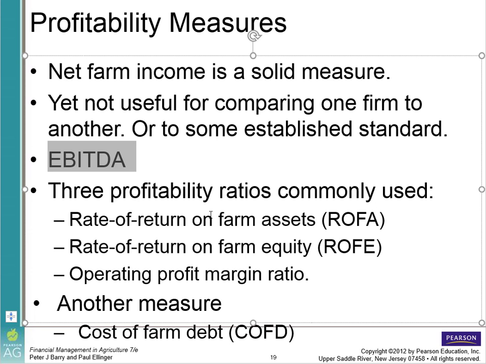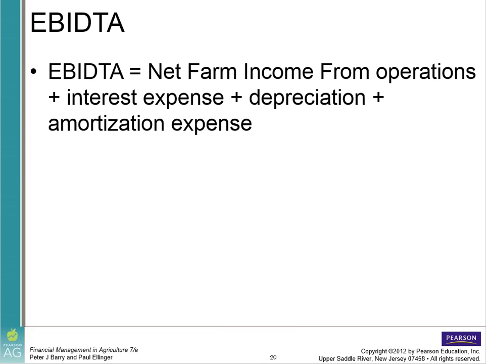Okay, so how do we then calculate this EBITDA? So it's simply the net farm income from operations, something that we sort of worked on in the previous chapter, plus the interest expense, plus depreciation, and then of course the amortization expense that I just mentioned. Okay, so the interest expense is nothing but if you have loans and then eventually you have to pay those back, they're all part of the EBITDA.